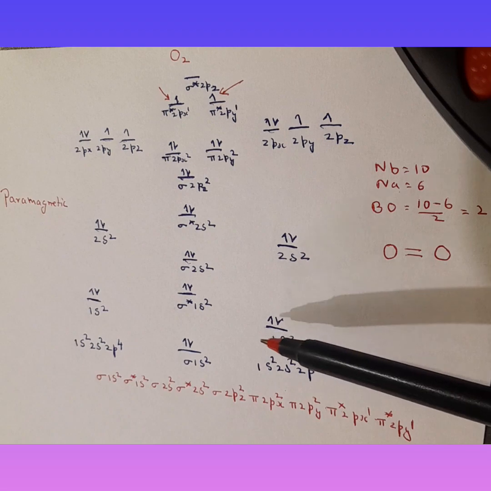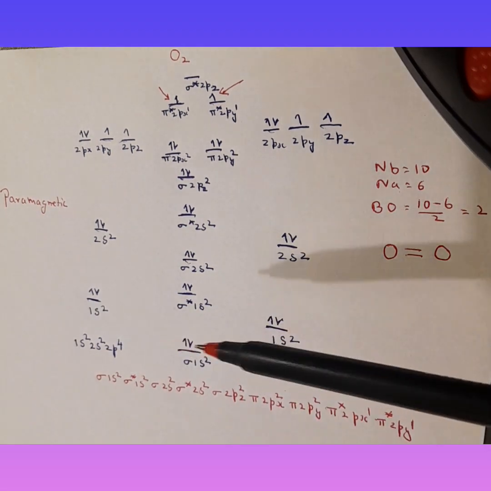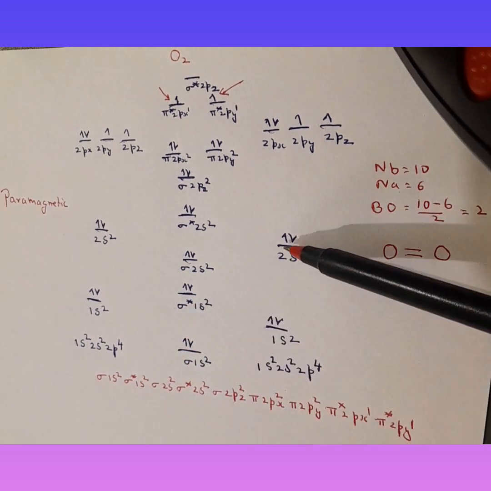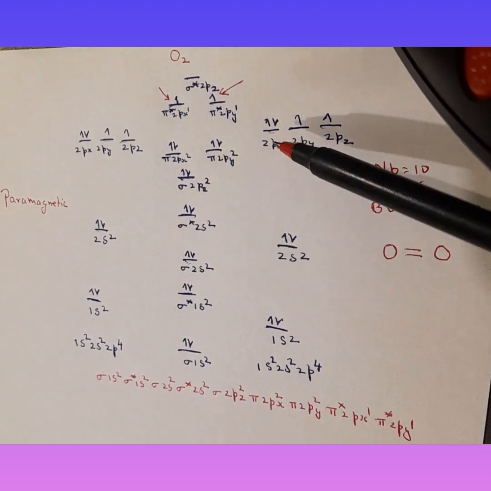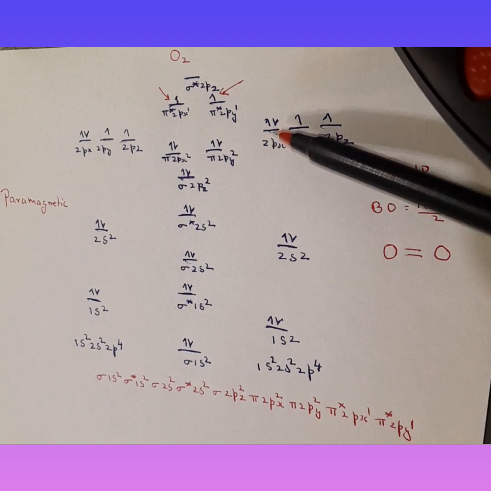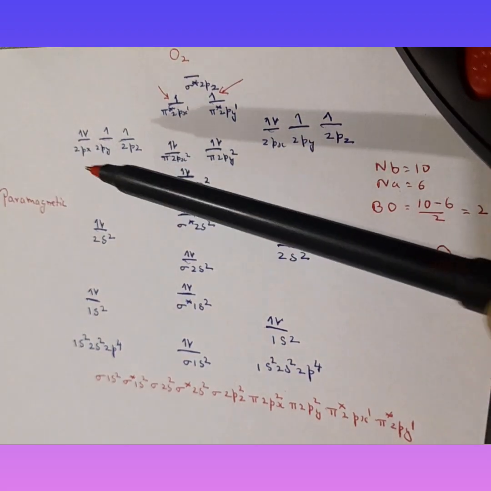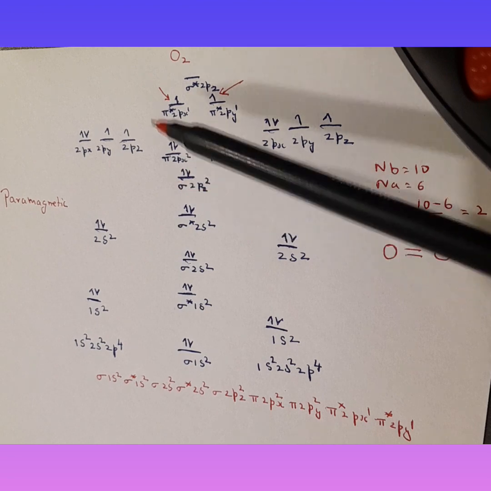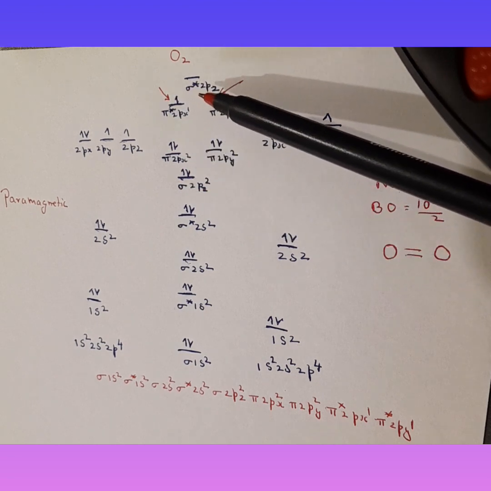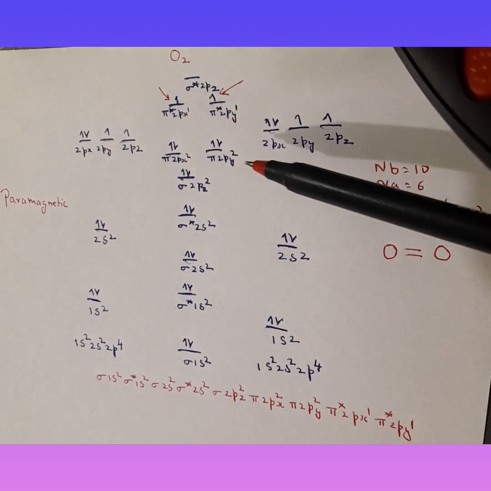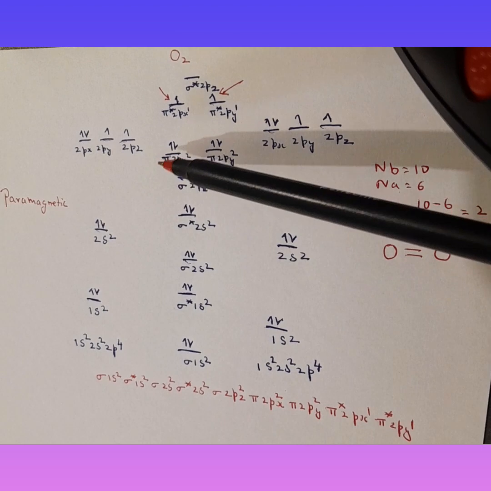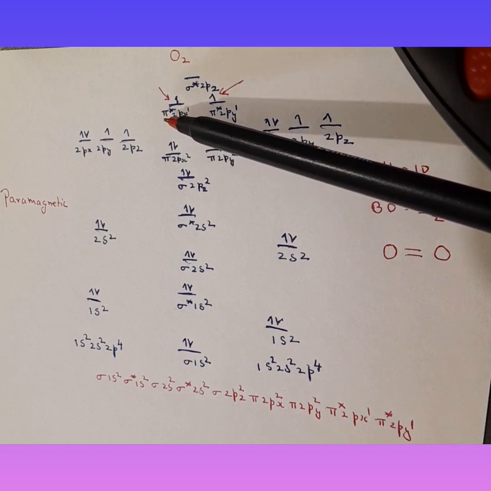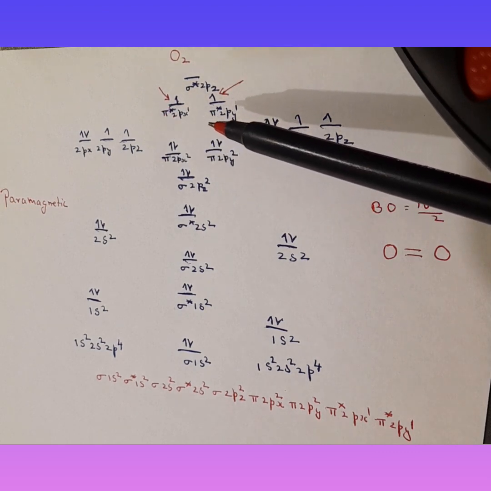Now 1s bifurcates into sigma and sigma antibonding. 2s also bifurcates into sigma and sigma antibonding, and p orbitals, that is px, py, pz, px, py, pz, mix and form sigma 2pz orbital, and at the top sigma antibonding 2pz molecular orbital, whereas px and py form pi 2px and pi 2py, and pi antibonding 2px and pi antibonding 2py.